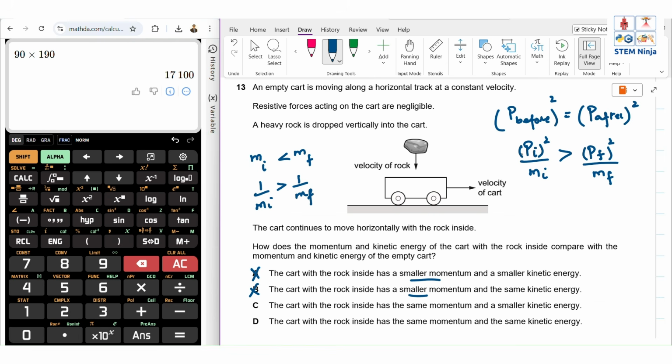Now, as you can see, this is the definition of kinetic energy with respect to momentum. If you multiply 2 and 2 over here, it keeps the inequality balanced. For kinetic energy, momentum and mass are the deciding factors. As you can see, the EK initial is greater than the EK final, which means that after that, it will have a smaller kinetic energy. C would be the right answer.